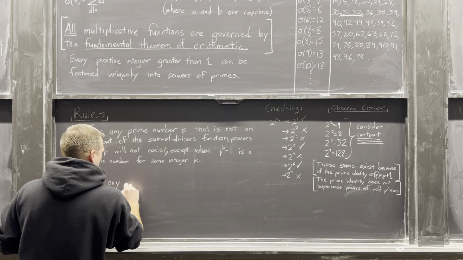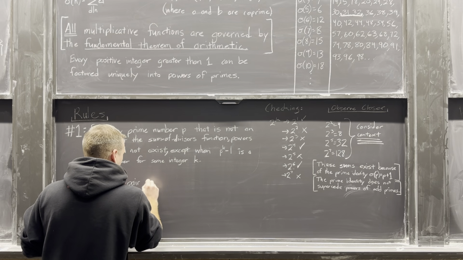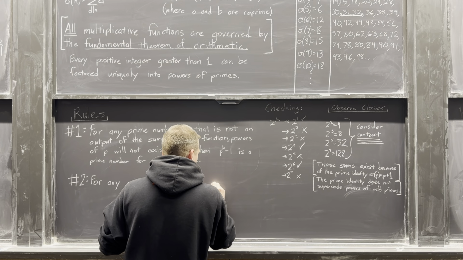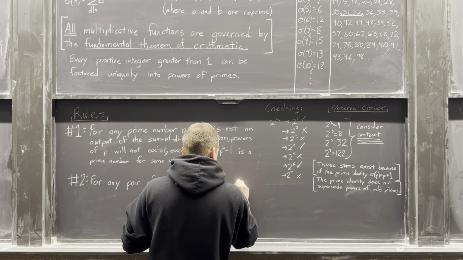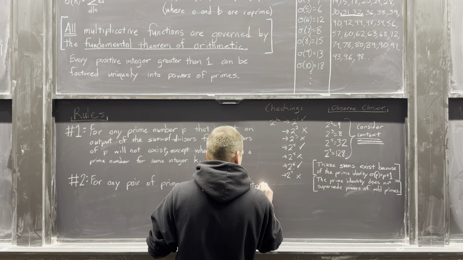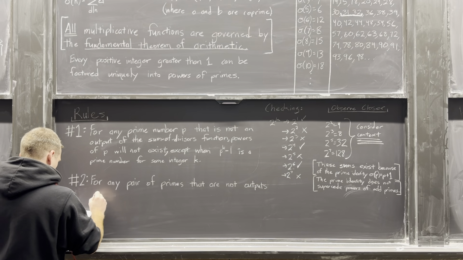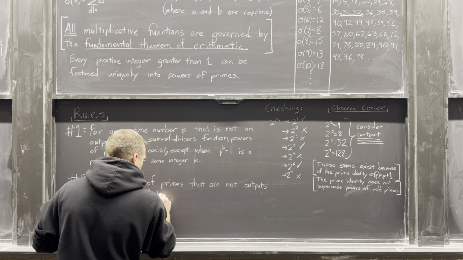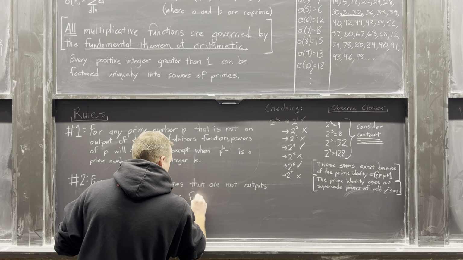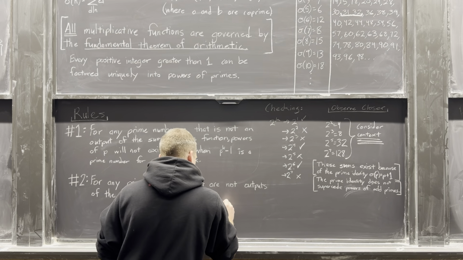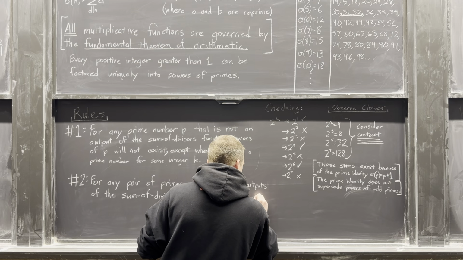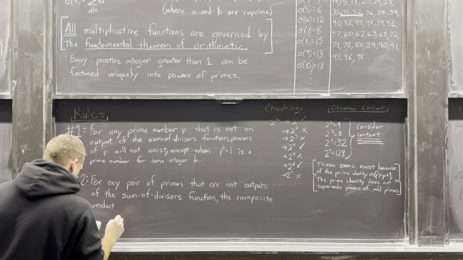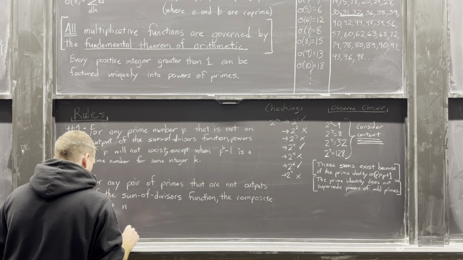For any pair of primes that are not outputs of the sum of divisors function, the composite product n will not exist.